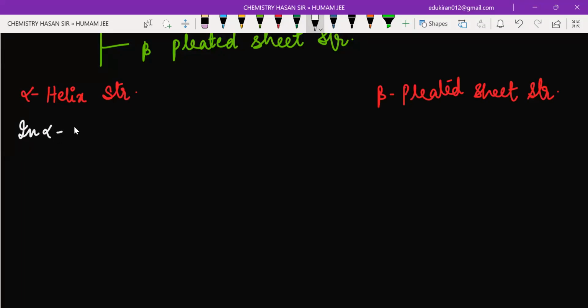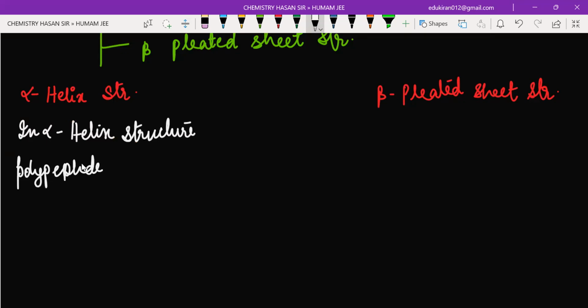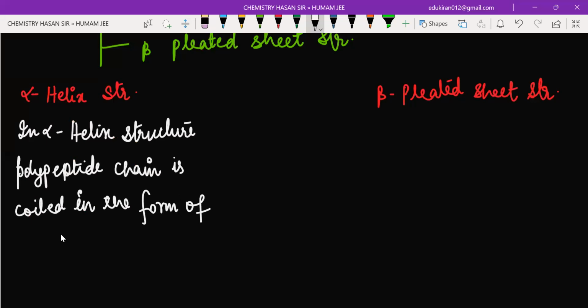In an alpha helix structure, the polypeptide chain is coiled in the form of a right-handed helix.